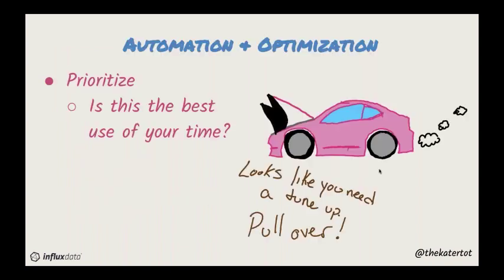I do like to make a note here about automation and optimization, because a lot of times in DevOps, automation is the end goal. And I don't talk about it a lot for two reasons.